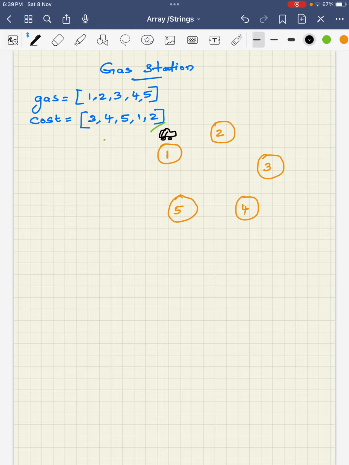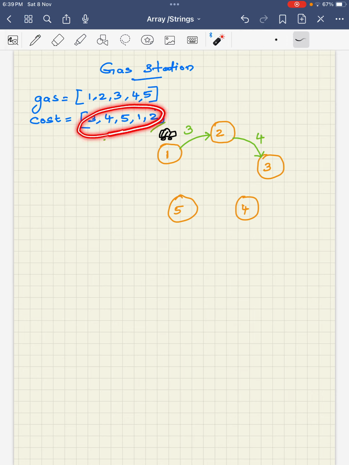If this is your vehicle and you are going to start from this particular gas station, there is another piece of information. If you travel from this gas station to this gas station, the cost of traveling would be 3 units. From this gas station to this gas station, the cost is 4.